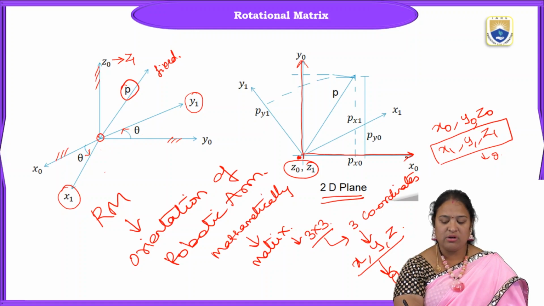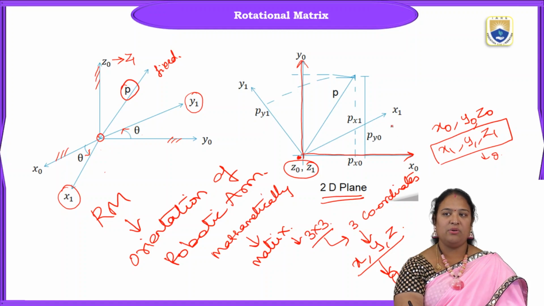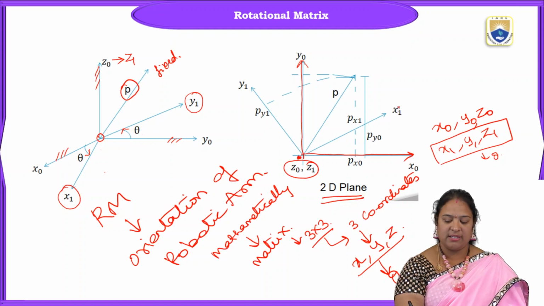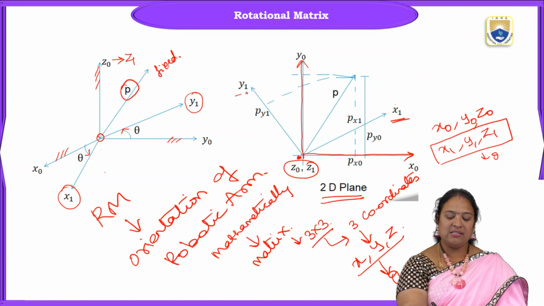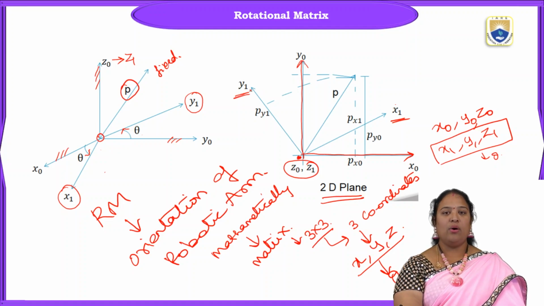When x0 rotates at some angle, it represents the x1 axis, and when y0 is rotated at some particular angle, it represents the axis y1.